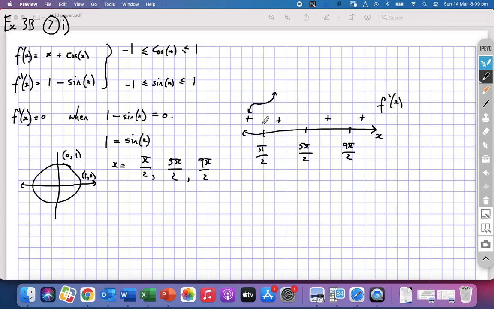And then maybe look in here somewhere. Let's go halfway. 3 pi on 2. Sine of 3 pi on 2 is -1. It doesn't matter where you pick. Probably be easier just to pick 4 pi and then it's 0 again. But let's say we picked 3 pi on 2 and we put that in. 1 minus sine of 3 pi on 2, well, that's -1. So it's 1 minus -1. It's positive. And then here it would be positive, here it would be positive, no matter what I pick.